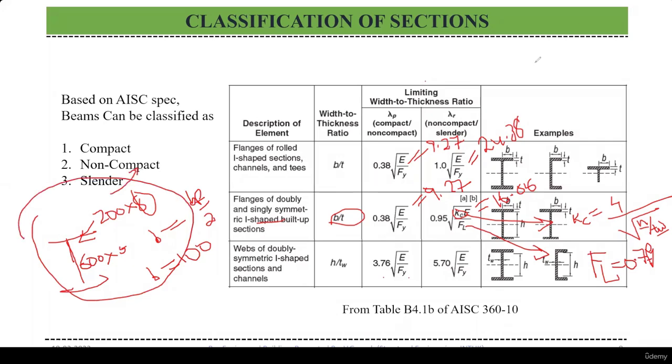That is how we have to calculate the lambda p and lambda r values based on the section properties, and how to find the type of the section. I think everyone is clear, right?